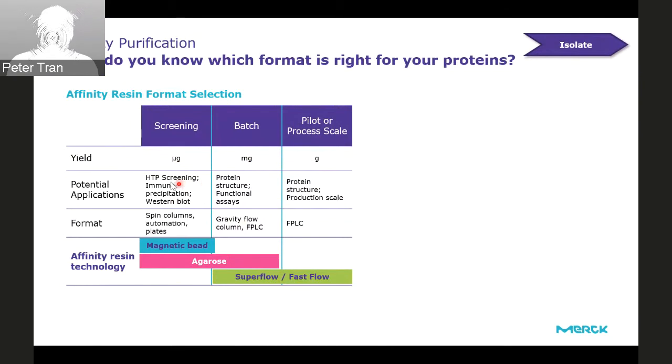And depending on the application, for IP Western blotting, you can use magnetic beads or agarose. But for protein structure crystallization, you have to use agarose. And depending on the analysis, for FPLC, you always need to use agarose. But if you want to use spin columns or automation plates, magnetic beads can be used well.